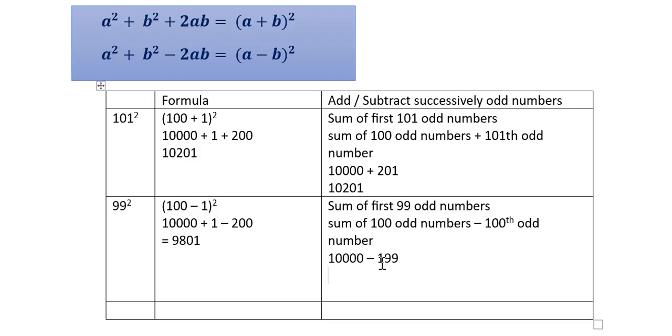If we solve this, we get 9801. If you compare 9801, using the formula (a minus b) whole square or using this odd number concept, we get the same value. So using these two methods, we can find the square of big numbers. Thank you.